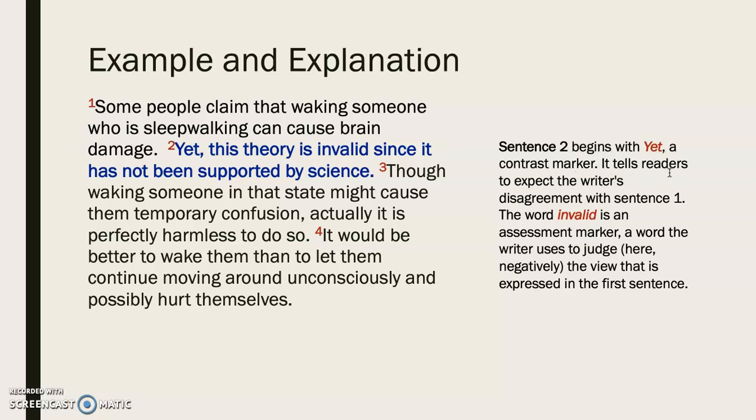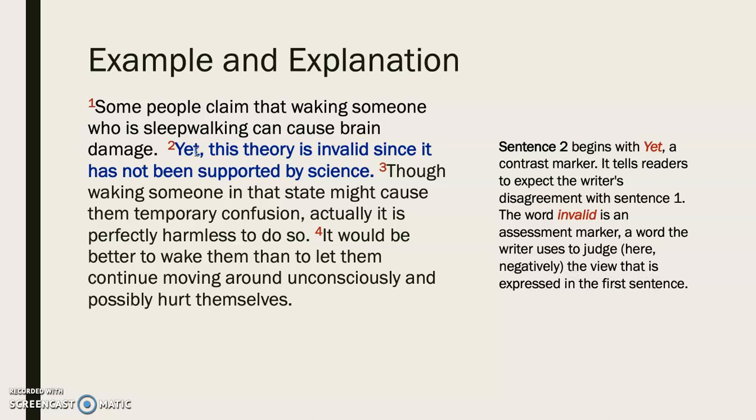It tells readers to expect the writer's disagreement with sentence 1. The word invalid is an assessment marker, a word the writer uses to judge, here negatively, the view that is expressed in the first sentence.